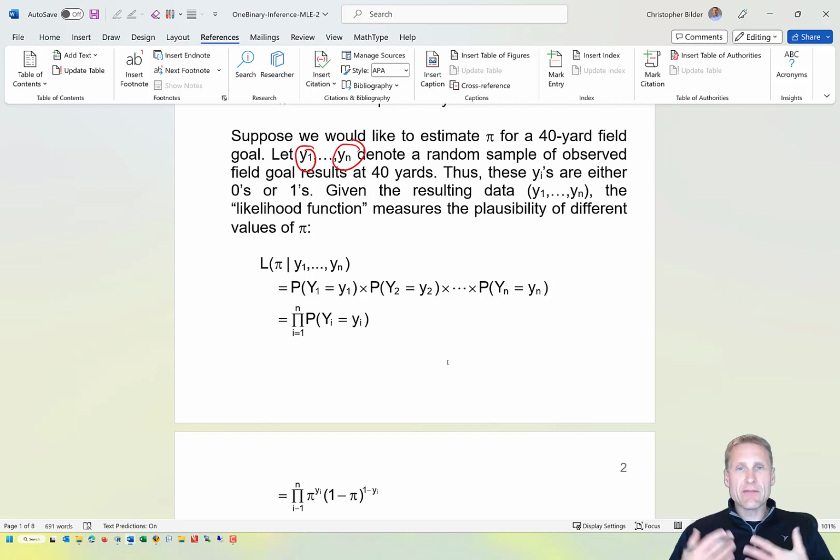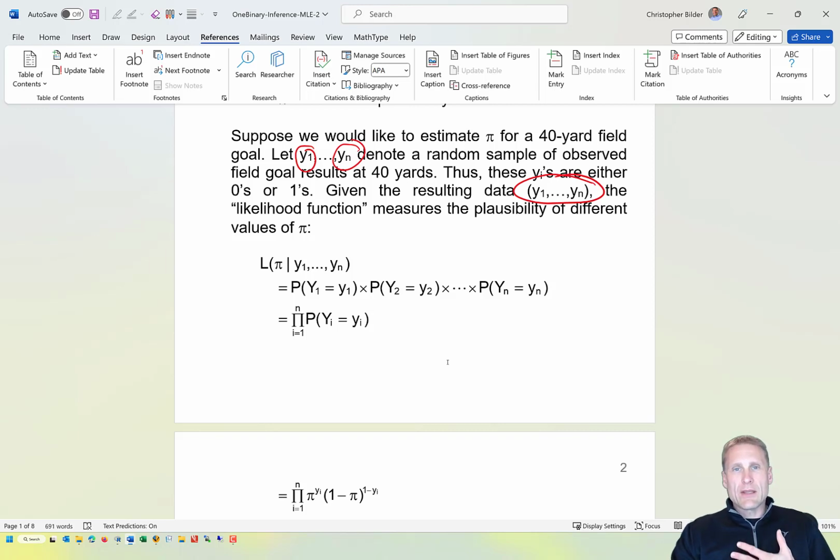Now, maybe we go out and take this sample. Maybe you're actually performing the sample yourself. Maybe, let's say, n is equal to 10. You kick 10 field goals. And so then you observe the results of success or failure equated to a 0 or a 1, and we have then this resulting data.